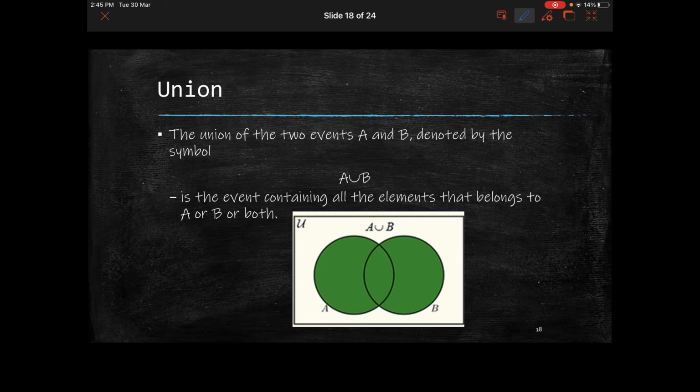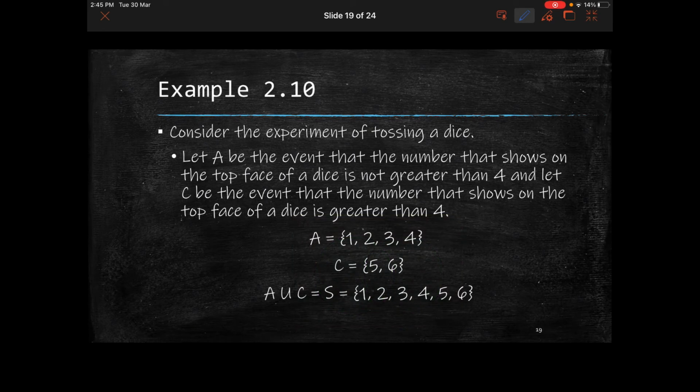Next, we have union. The union is the complete set of all the elements that belong to A and B. So again, we use the same events A and C from the previous example.